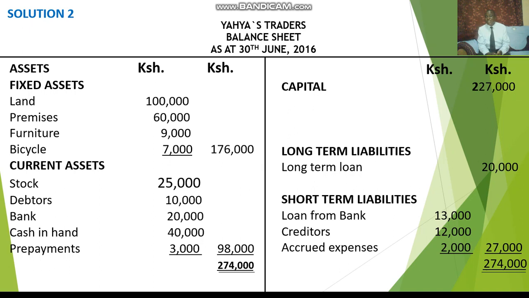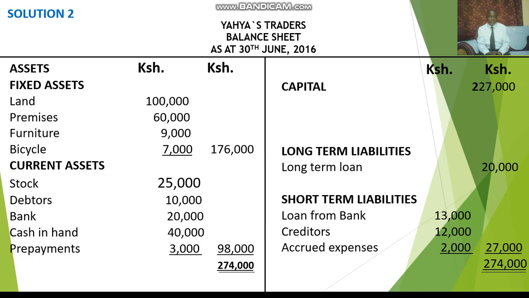If you add the total, it becomes 27,000. Now you might want to know what accrued expenses are. Accrued expenses are expenses that have been incurred and are yet to be paid. So they are short-term liabilities because they are supposed to be paid within a shorter period, normally within 1 year.